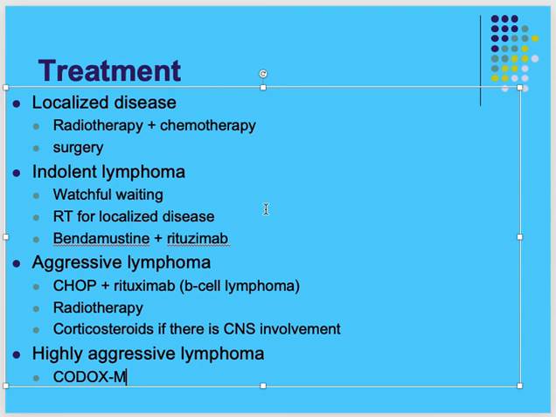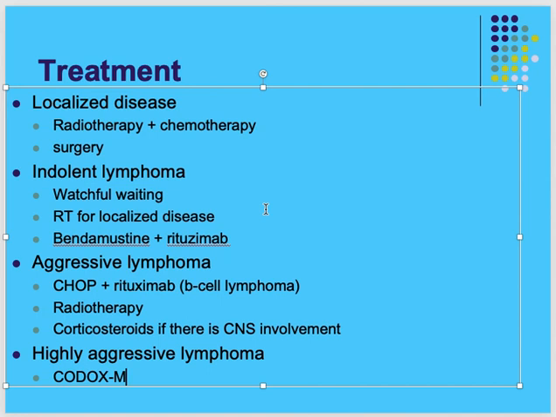I'm talking about Burkitt lymphoma, which is a very highly aggressive type of tumor. This CODOX-M is the name given to the drugs which we use. The full name is R-CODOX-M.